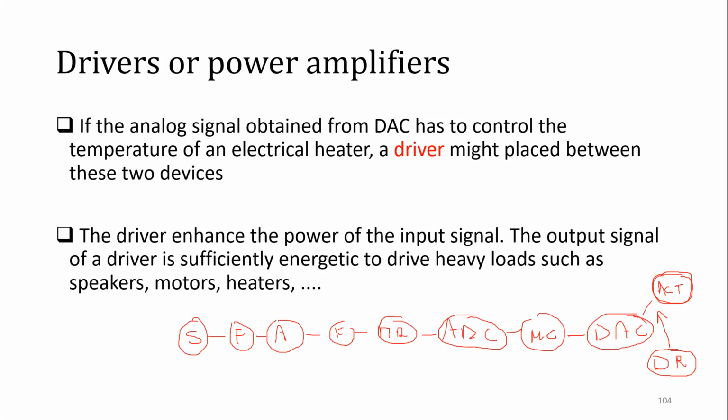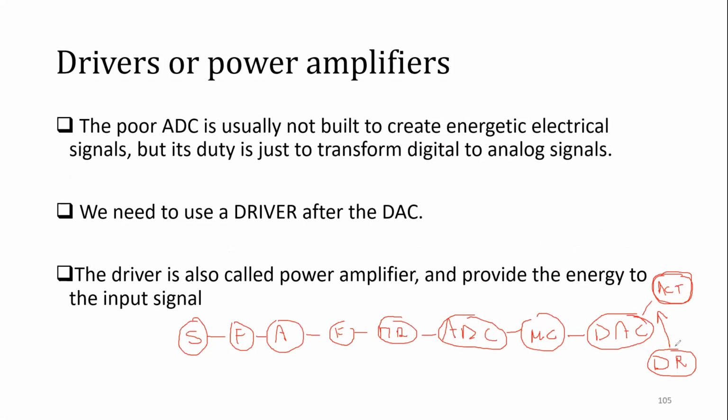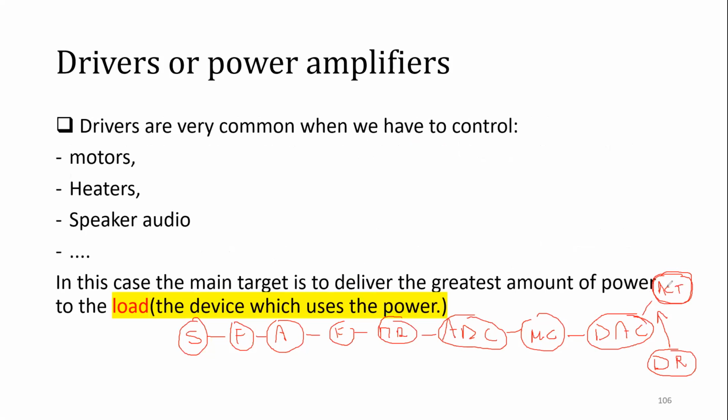But there are a few concepts about drivers that are very important. That's why I'm mentioning it now. So whenever you connect to an actuator, which can be a motor, a heater, or a speaker, you always need a driver. And you also need a DAC in this case, because you have to convert the digital signal that you process into an electrical signal to control the heater, the speaker, or whatever.